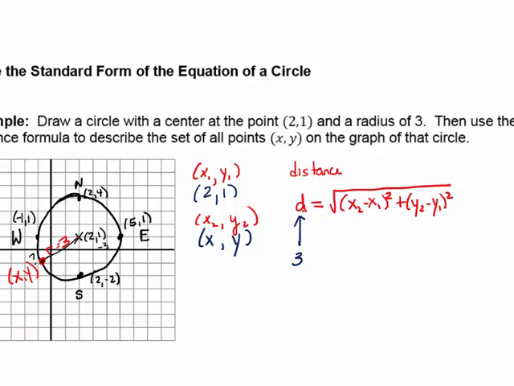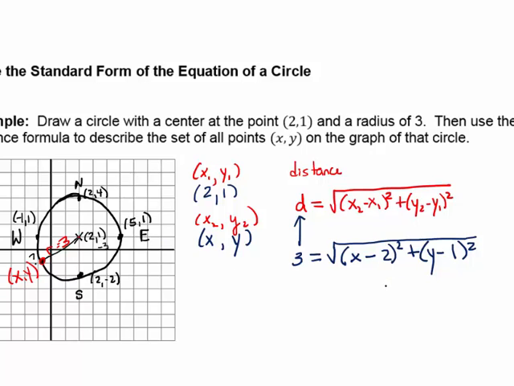So I know that 3 will always be equal to the square root of, instead of x2, I'm going to put x minus, instead of x1, I'm going to put 2, squared, plus, what would we have here? y minus 1. Good. So remember, y2 is y and y1 is 1. So (y minus 1) squared. Okay, so we know that this is always true no matter what (x, y) I pick on the circle.